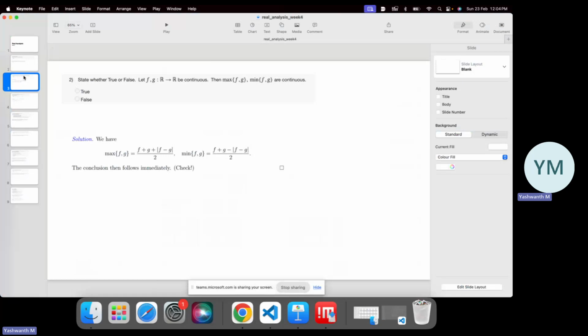Coming to second question. Max of two continuous functions and min of two continuous functions, are they continuous?